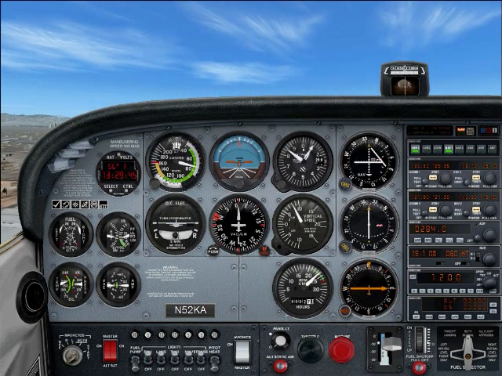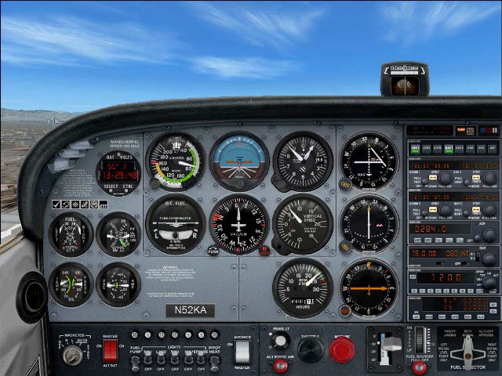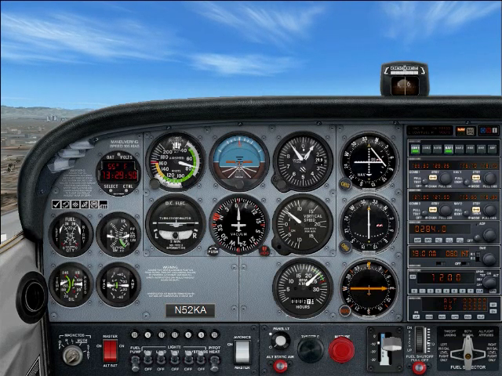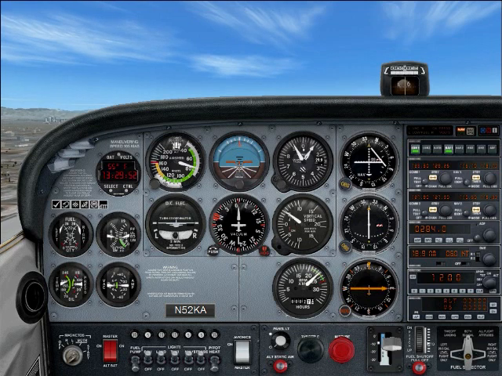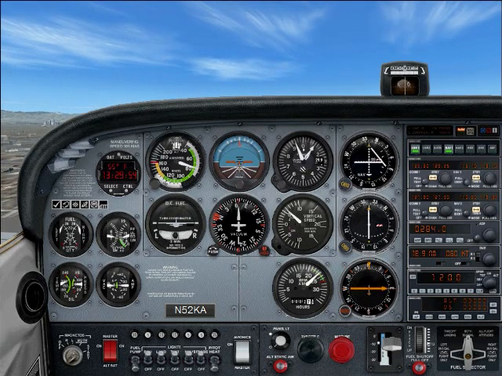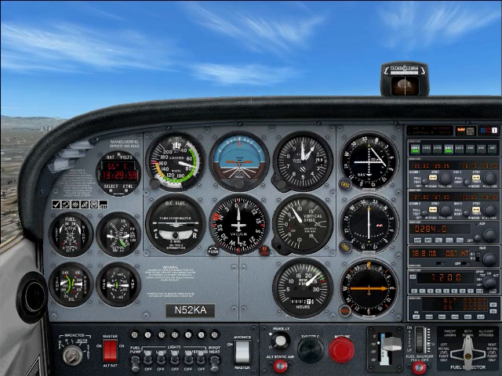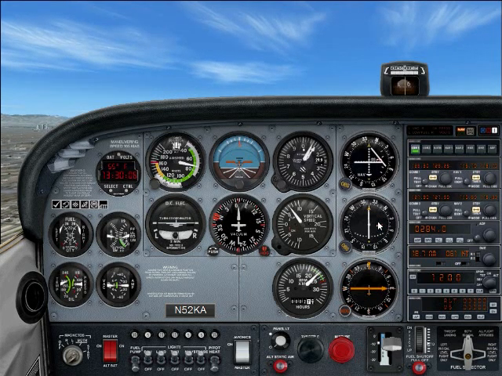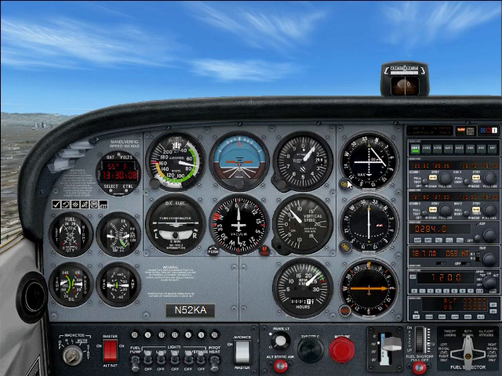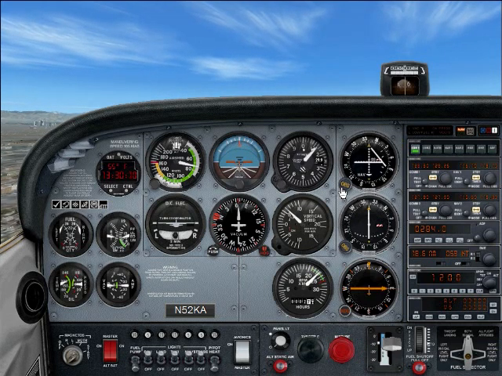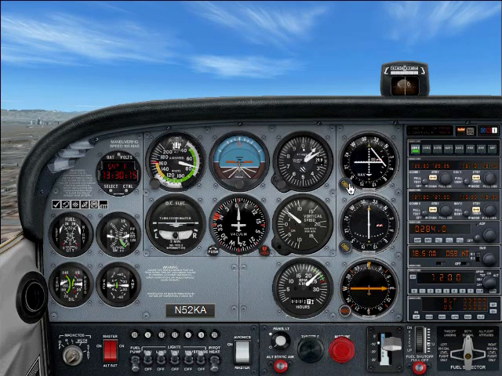Look at the lower portion of your VOR instrument. There is an arrow that's pointing downward. What you need to do is to rotate the OBS knob until that arrow points upward and the needle comes to the centered position. Once this happens, you should look at the upper portion of your VOR instrument and read the heading.